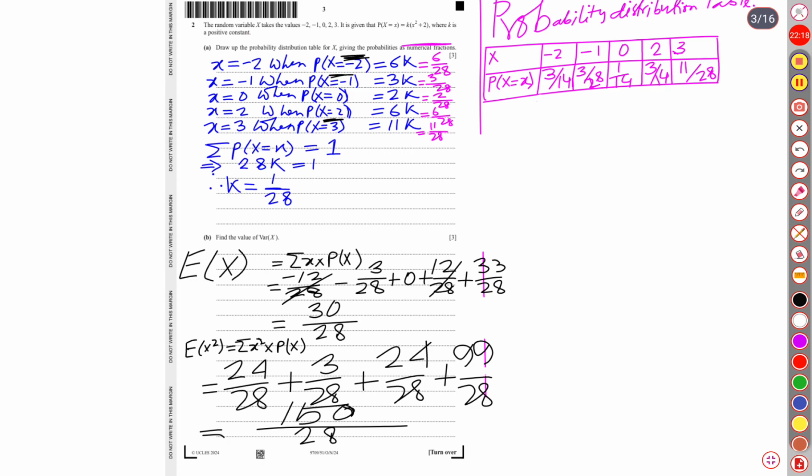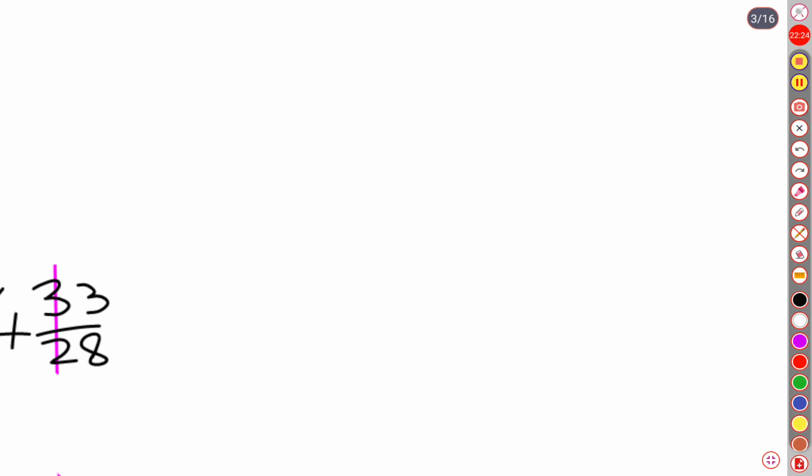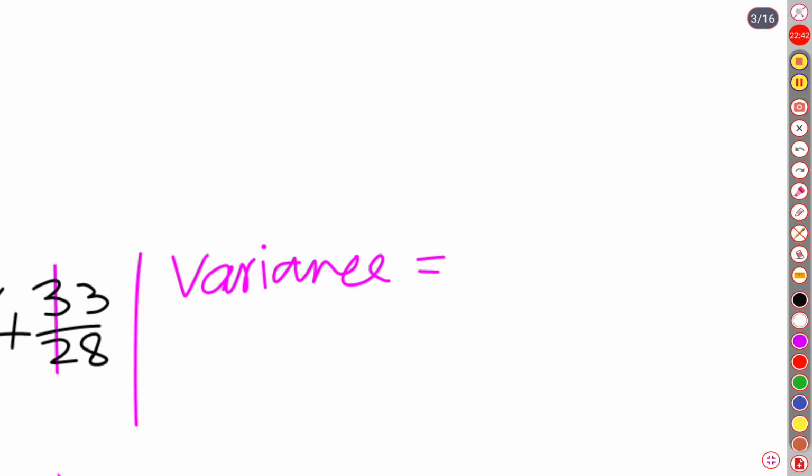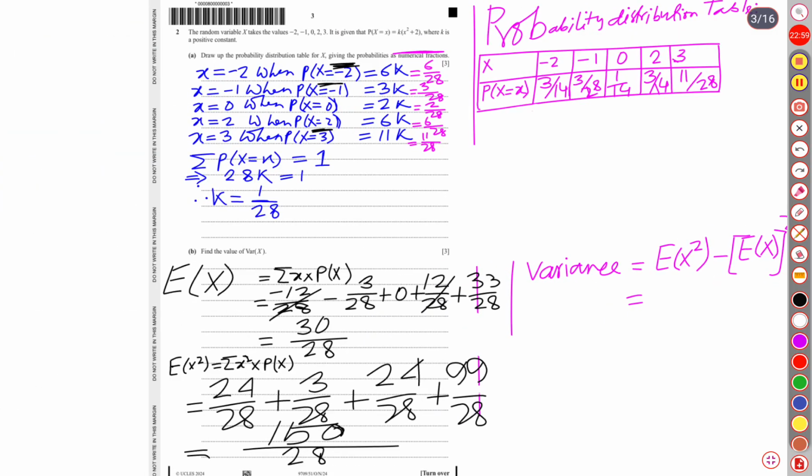Let us write the variance in words. Variance is equal to E of x squared minus mean value whole squared, E of x whole squared.